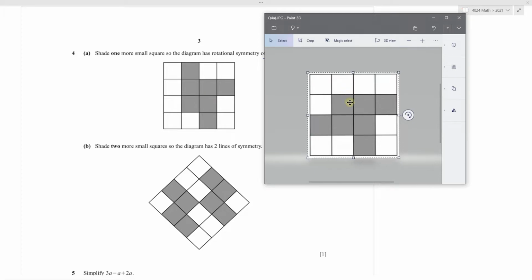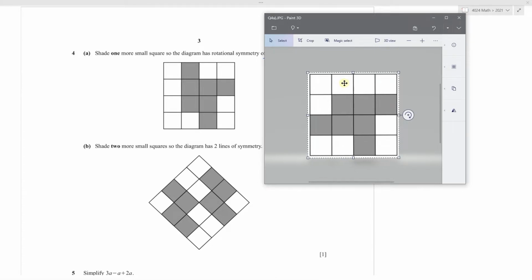If I compare it with the original diagram, I have these squares shaded here. I have these squares shaded here as well. And then I have these two squares shaded, these two squares shaded. This one is shaded, but it's not shaded here after you have rotated.